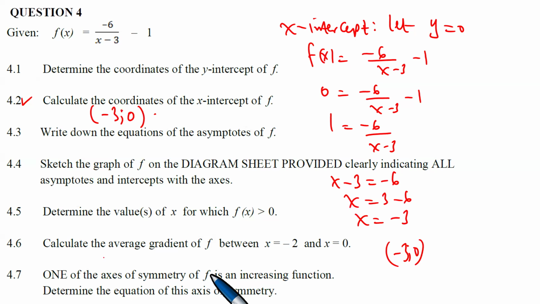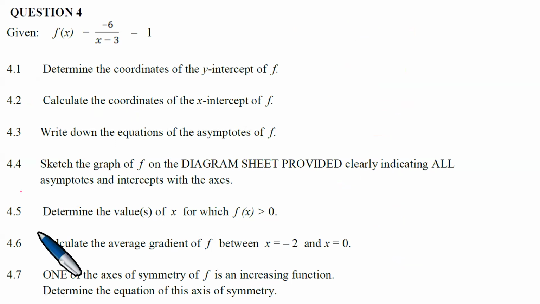Right, so now in the next question, you need to write down the equations of the asymptotes of f in 4.3. Right, Sanulo, what are the equations of the asymptotes? What do you think?